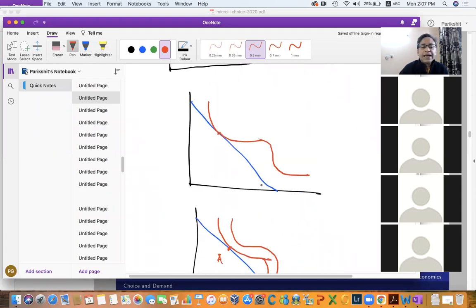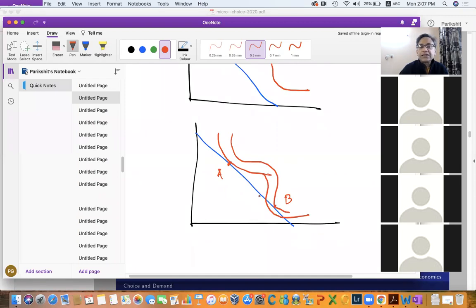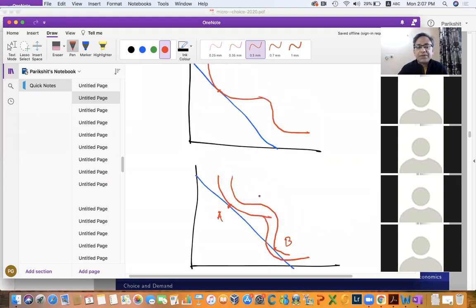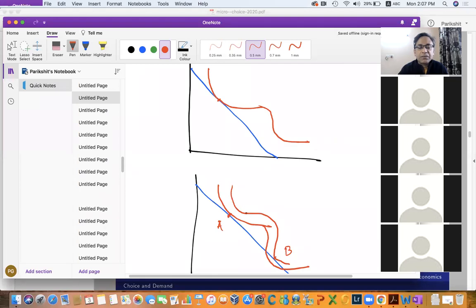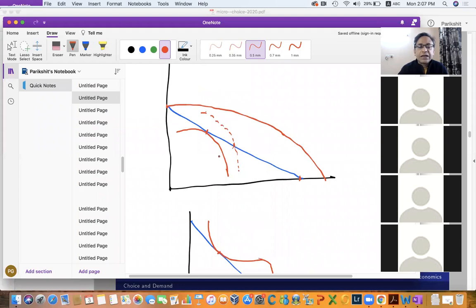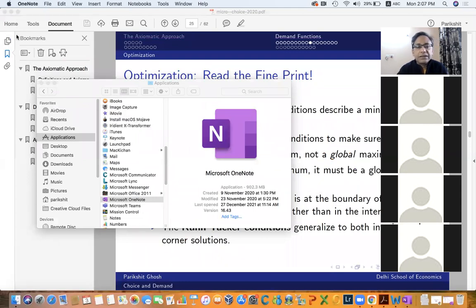Of course, this example that I've just drawn violates again the convexity axiom. Okay, so if we know from the start that the convexity axiom is satisfied, we will be sure that this sort of case won't arise. Neither will the first case arise. But more generally, these cases may arise.